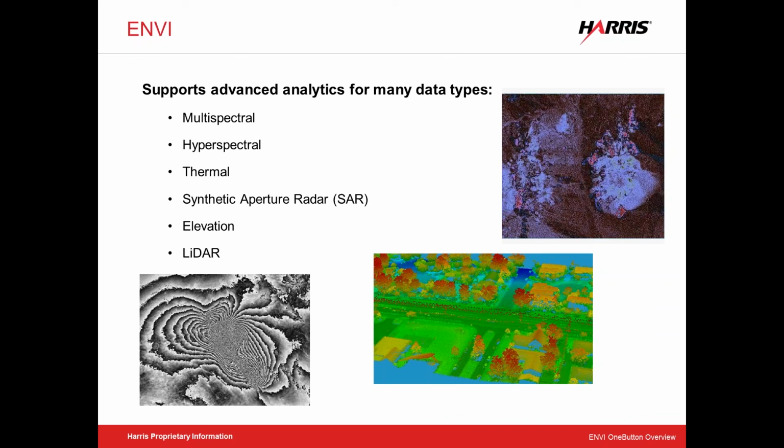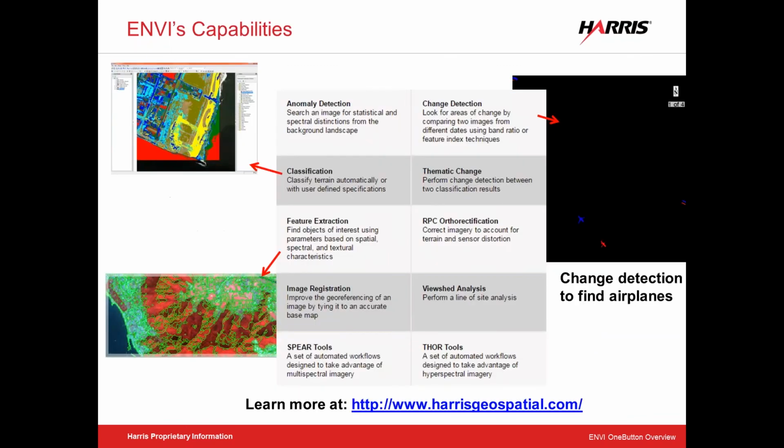So to talk a little bit more about ENVI and the things you can do with ENVI, there's a lot of different data types that we support. Those go from multispectral, hyperspectral. We also support LiDAR, elevation products. We've got a module for supporting SAR as well. And with those different data types, there's a lot of different analytics that can be performed on them.